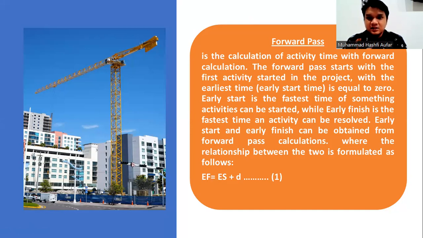Early start is the earliest time an activity can be started, while early finish is the fastest time an activity can be finished. Early start and early finish can be obtained from the forward pass calculation, where the relationship between the two is given by the following formulae.